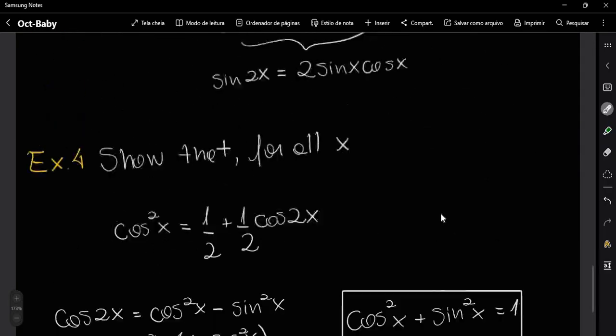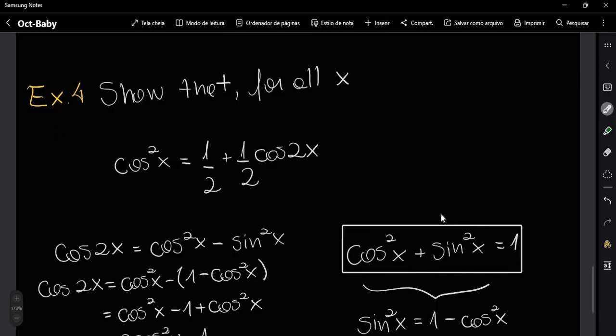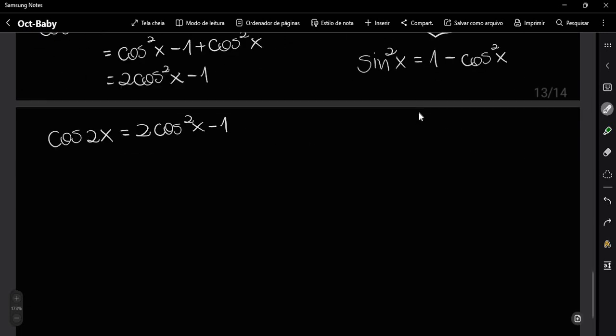And remember that it asked us to prove that cosine square of x is equal to this, and from here we can isolate. Let's just switch the sides of the terms on the equation.